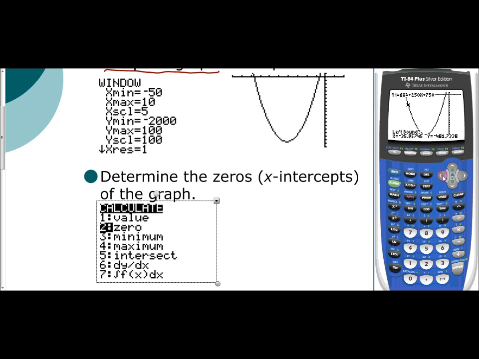So I'm going to keep hitting left, and I see I'm at a positive right now, so I'm above the x-axis. So I cross the x-axis. I'm going to mark that point. I'm going to go to the right until I'm below the x-axis.